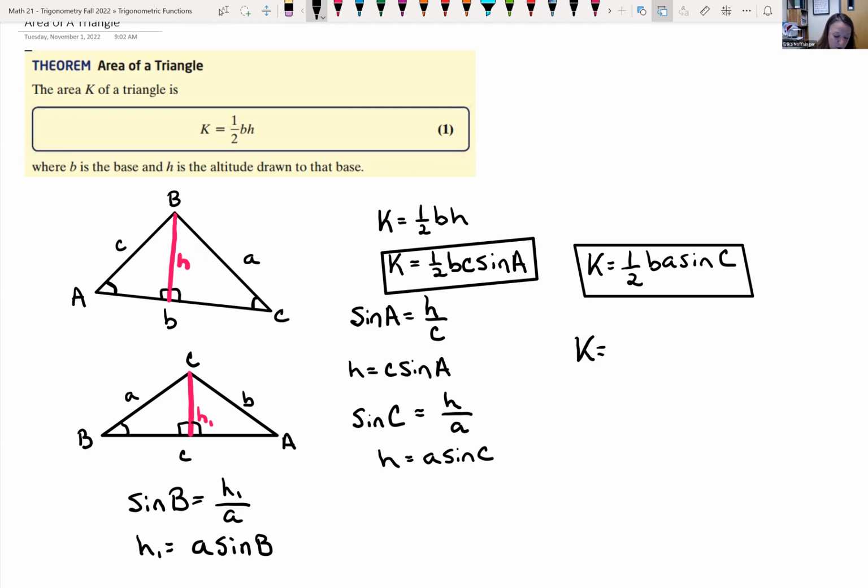K is equal to 1/2 times the base. The base in this case is C, times our height, which was A sine of angle B.